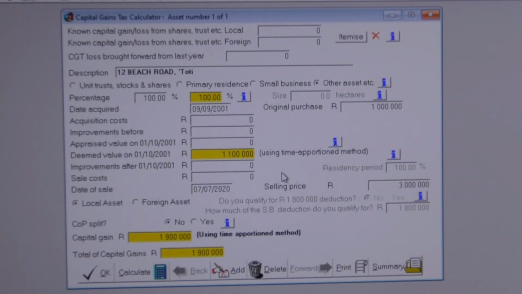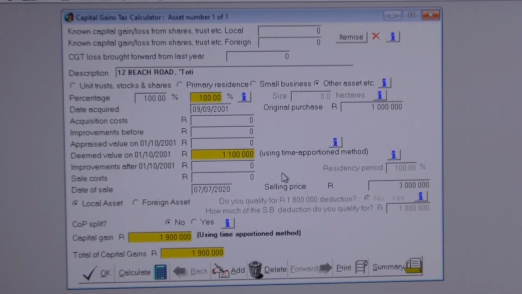This means we add 100,000 Rand to the 1 million Rand purchase price and we get a calculated or deemed value base cost on 1st of October 2001 of 1.1 million. Subtract this calculated base cost from our selling price of 3 million and we get our gain of 1.9 million.